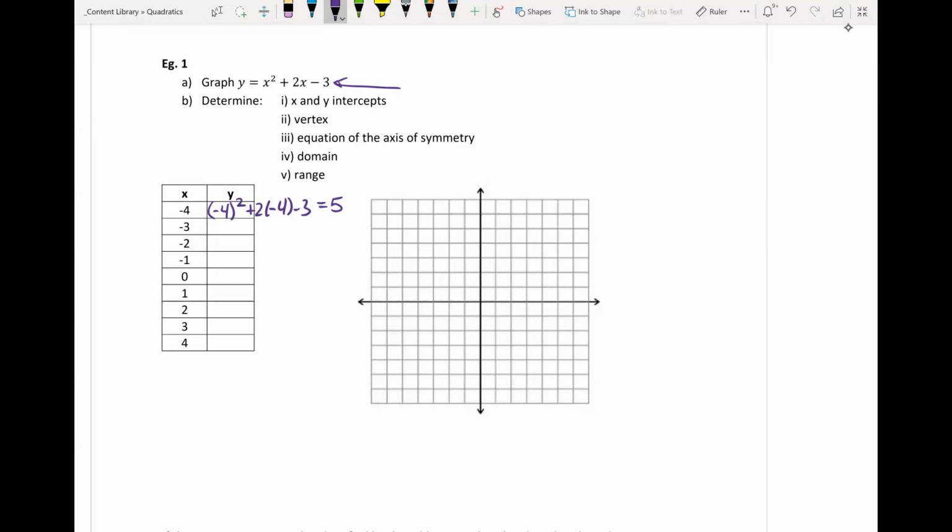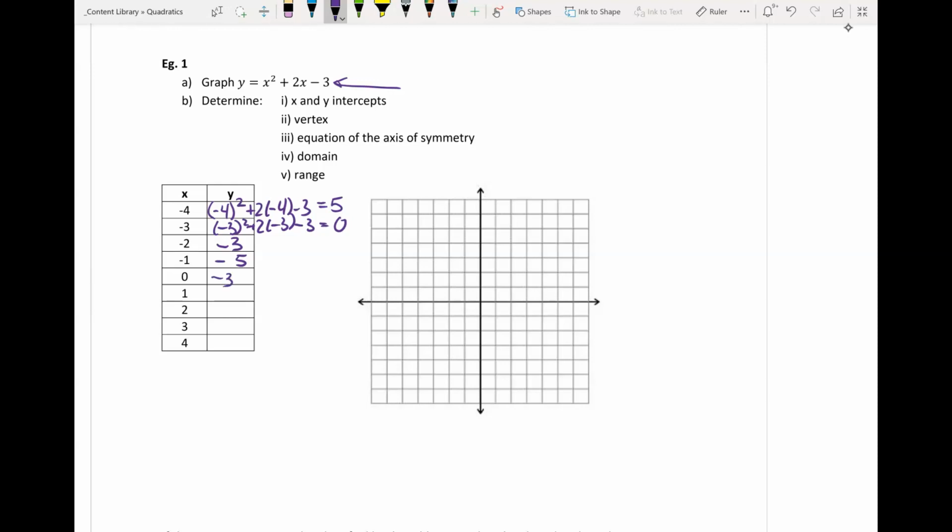Okay, so the next one is going to be -3 squared plus 2 times -3 minus 3. If you simplify that, that's going to be 0. And then I'll just give you the other points. So -2, you plug that in, you're going to get -3. Put in -1, you're going to get -5. Plug in 0, you're going to get -3.